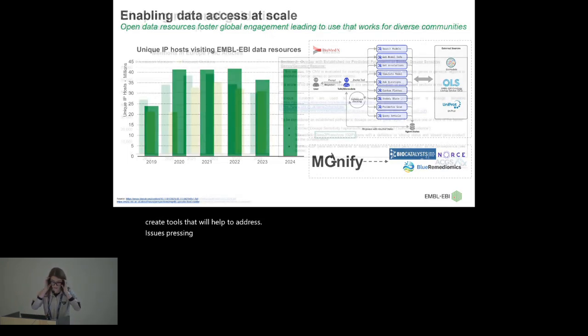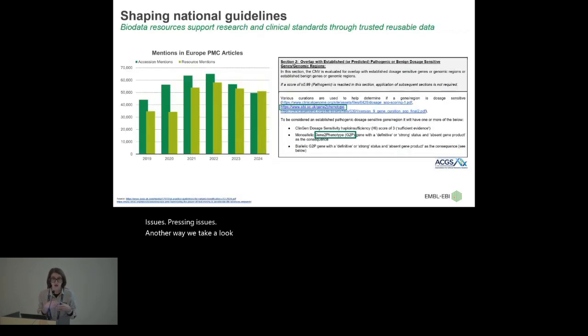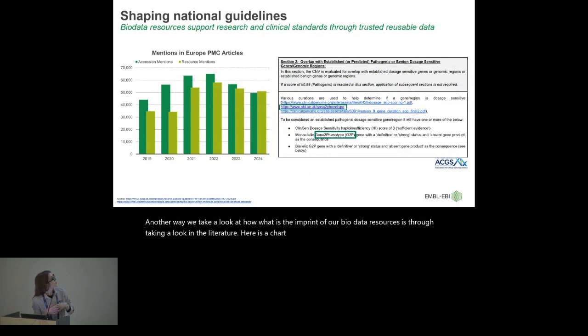Another way we take a look at what is the imprint of our biodata resources is through taking a look in the literature. Here is a chart showing the mentions of EMBL-EBI resource names and accession numbers in EuroPMC articles.